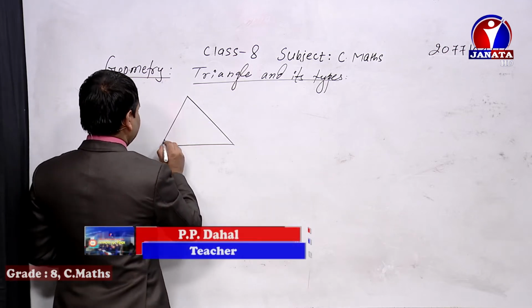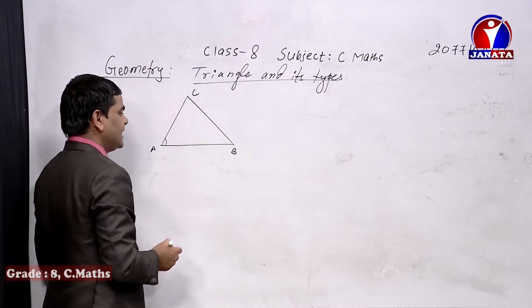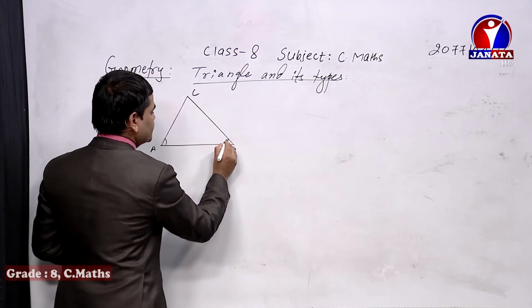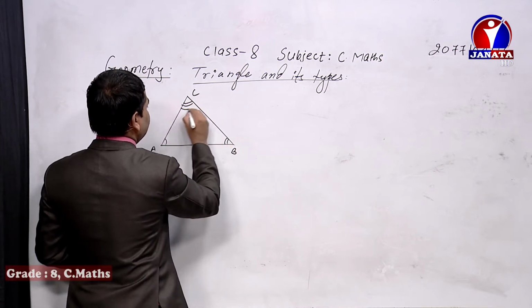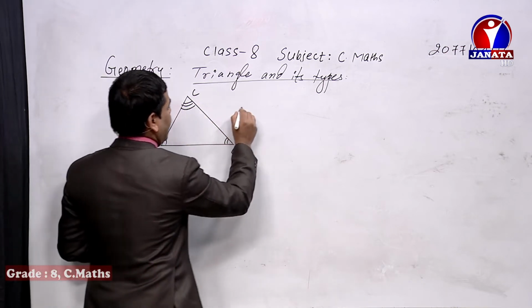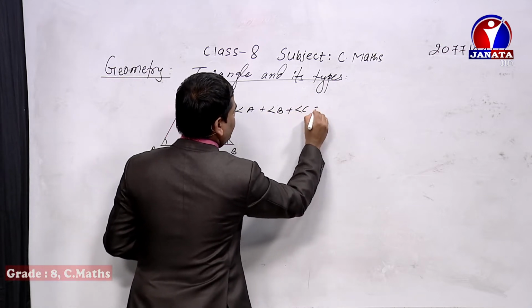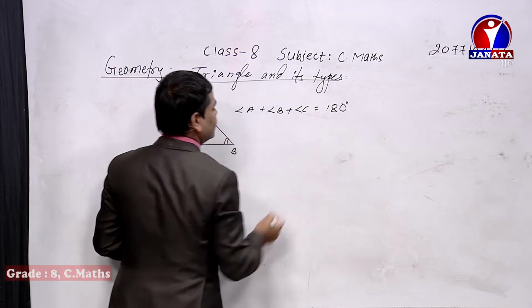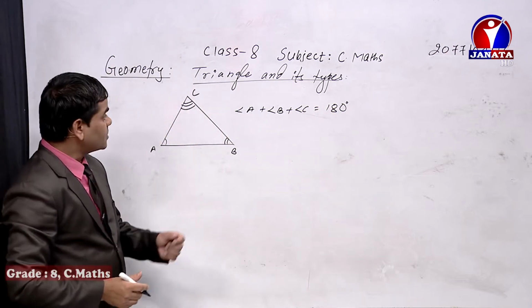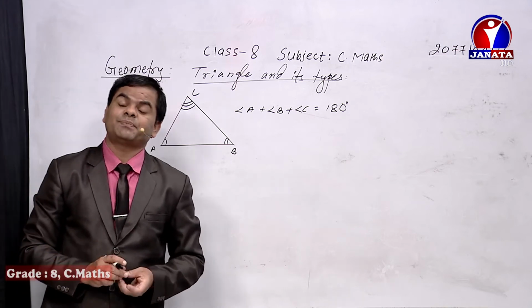That means, for example, this is angle A, this one is angle B, and this one is angle C. When we measure these angles using a protractor, their sum, angle A plus angle B plus angle C, is 180 degree. We need to remember this, but we also need to prove this theoretically as well as practically, experimentally.